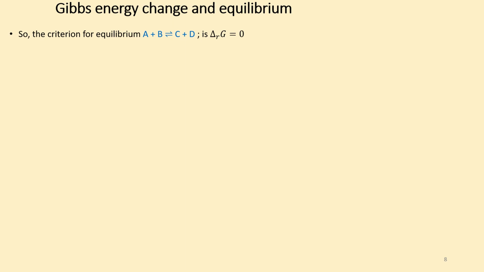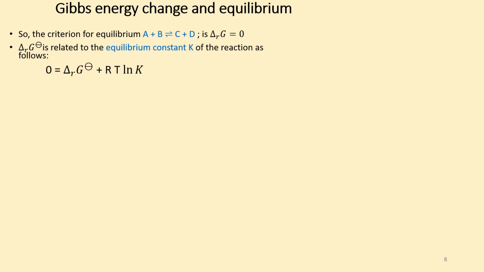So, the criterion for equilibrium for A plus B, both forward and reverse forming C plus D, is delta rG should be equal to 0. The standard delta rG is related to the equilibrium constant K of a reaction as follows: 0 is equal to delta rG naught plus RT into natural log of K. Here the capital K is the equilibrium constant.